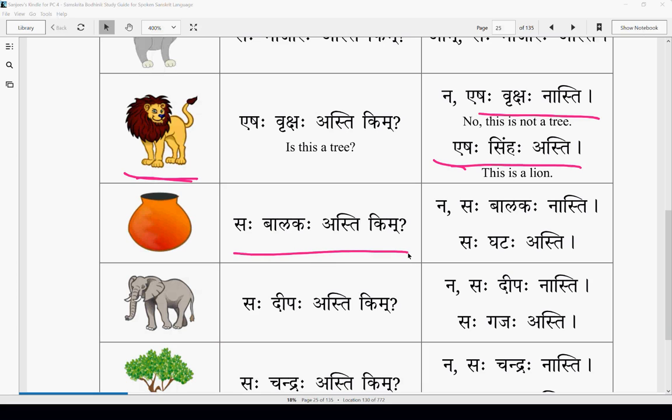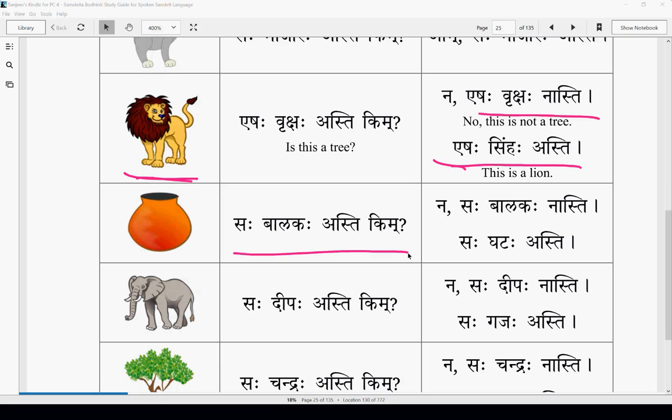Okay, next sentence. "Saha balakaha asti kim?" "Na, saha balakaha nasti." "Saha ghataha asti."